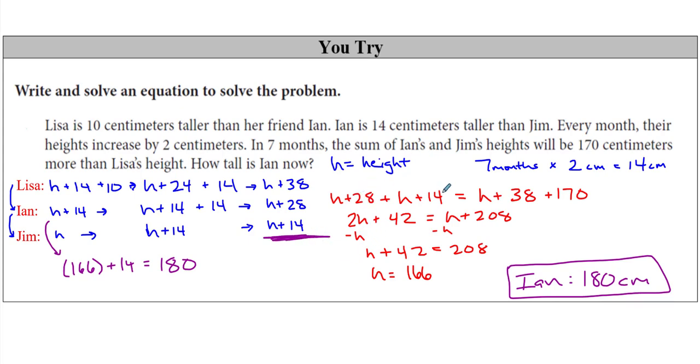And then Ian and Jim together were equal to Lisa plus this 170. So we found our value for H, and we wanted to know Ian's height right now. So we use the right now expression. We plug that 166 in. We add that 14. We get Ian is 180 centimeters.